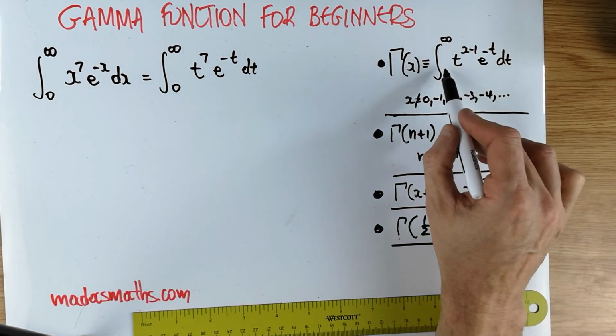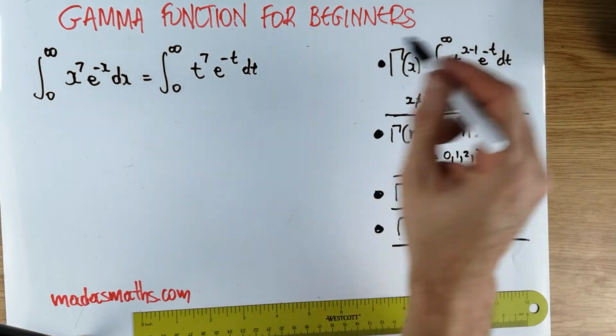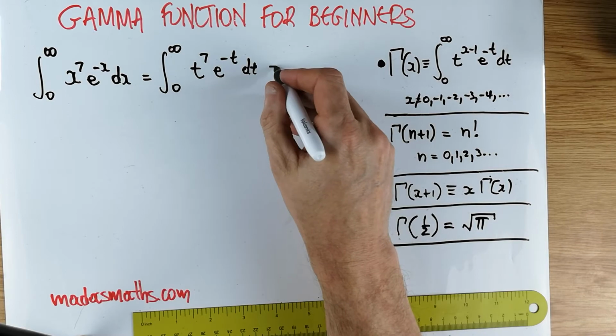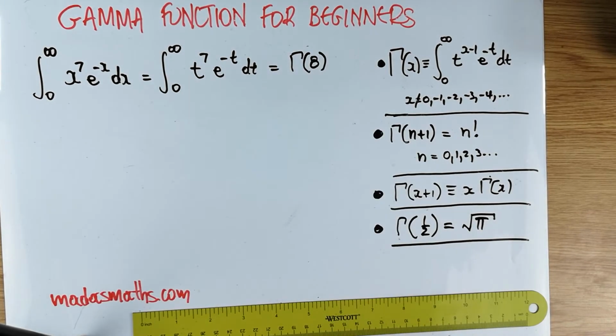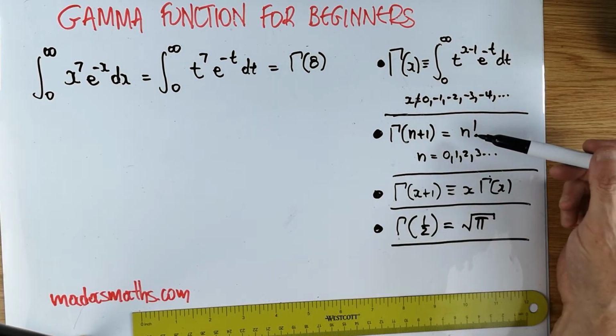Now, if we look at this particular line and see what happens in there, this, of course, is the e to the minus t, and this exponent is x minus 1, so we need a 7. This is, in fact, by definition, the gamma of 8. How do I evaluate the gamma of 8? We haven't actually used this a lot today because we didn't have whole positive numbers.